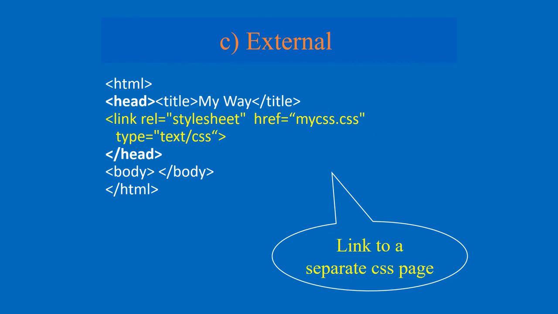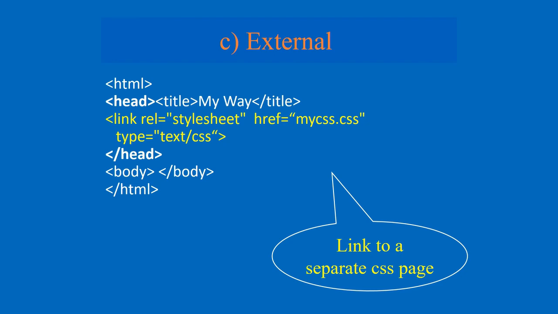The next thing is external CSS. External CSS is like the document type of CSS, but the style type text/css that you write in document type CSS is not required; you remove that. After that, whatever the contents are, you put them inside one notepad file. You give that file the extension .css, and just see, suppose I created my css.css file.